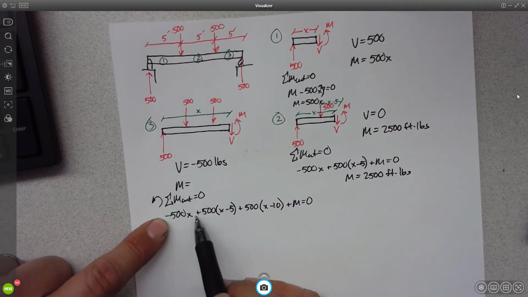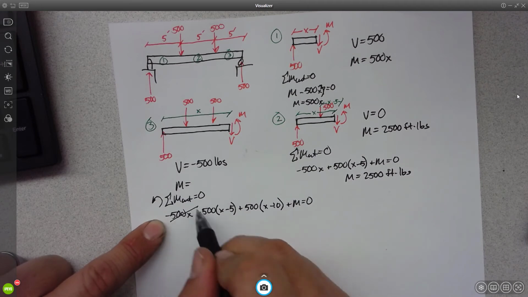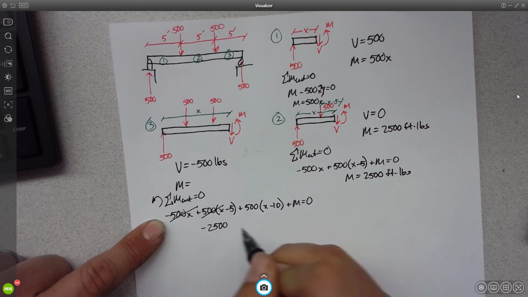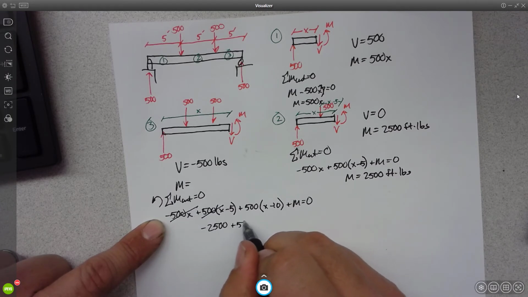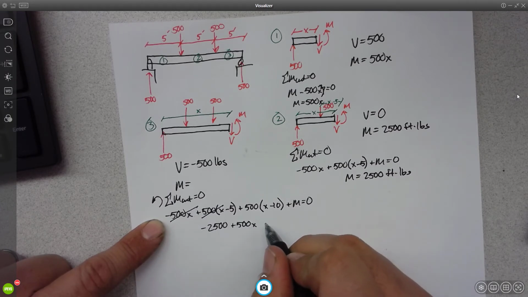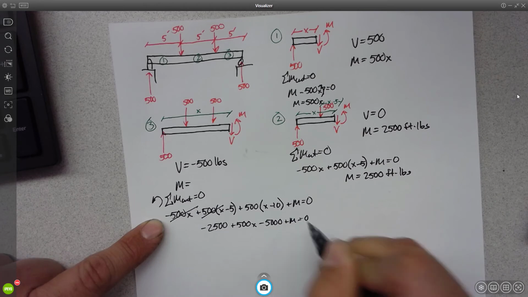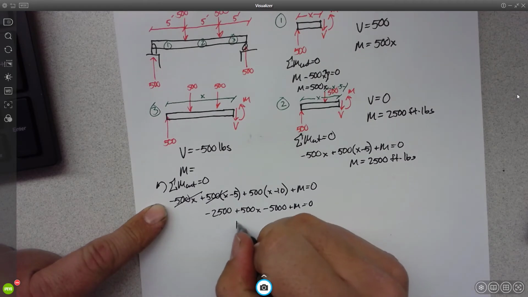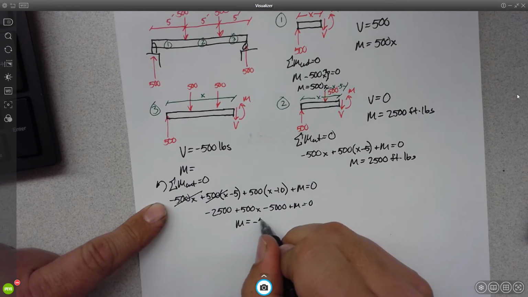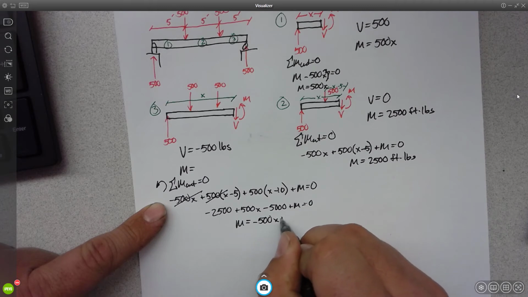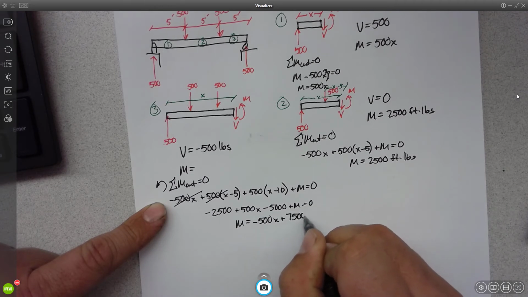So negative 500x and 500x here cancel. And I end up with negative 2,500 plus 500x minus 5,000 plus M equals 0. So M is equal to negative 500x plus 7,500.